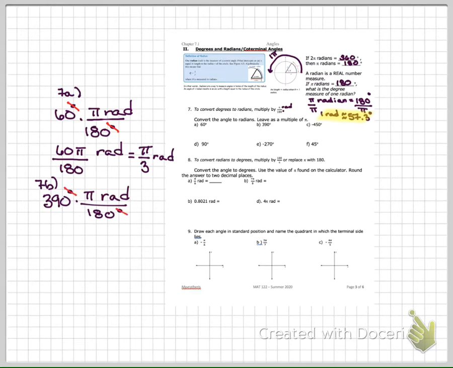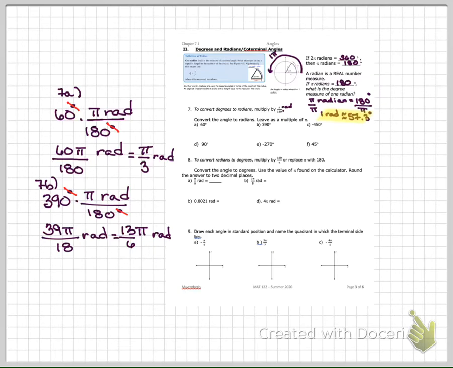We're going to cancel those degrees. And easy reduction, 39 pi over 18. 3 goes into both 39 and 18, so we get 13 pi over 6. Again, our unit is radians. And a lot of times you'll just see something left as 13 pi over 6. We really don't want to lose that label.